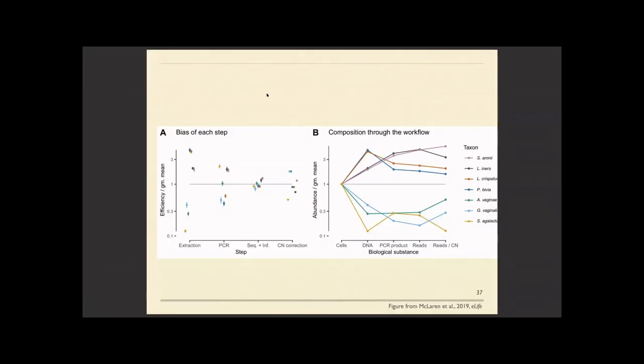This is a figure from the paper where essentially what we found is that the DNA extraction step has the largest effect of the workflow across efficiencies. Maybe to go back to the original question, smaller deviations, for example bioinformatics, post-PCR, or the effect of sequencing chemistry, which I guess was all Illumina.